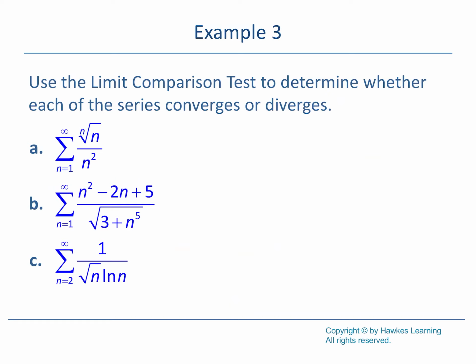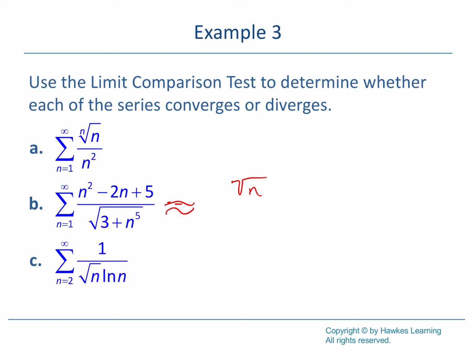For part B, the largest degree on top is 2. The largest degree on bottom is 5/2. And so I bet this thing would behave a lot like square root of n?